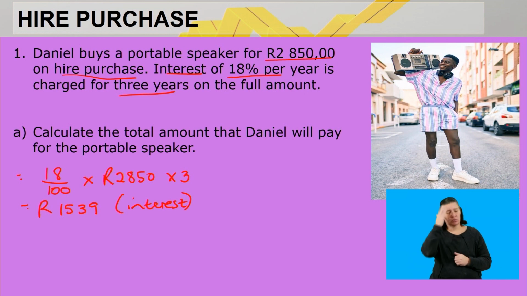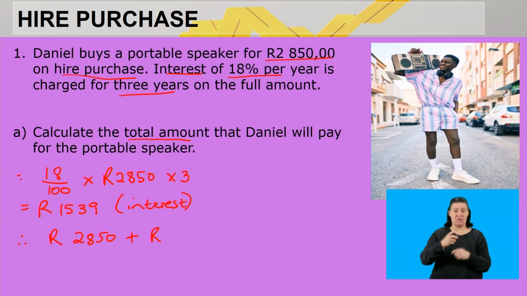We would like to calculate the total amount that Daniel will pay for the portable speaker. To get the total amount, I will take the 2,850 Rand plus the interest of 1,539 Rand.